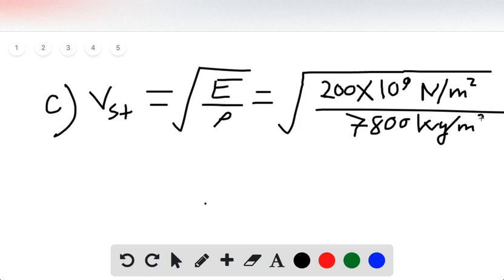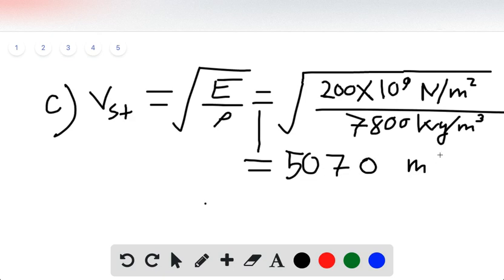Notice that steel is much denser than water and even granite, which makes sense. It's a good thing to check for these things, right? Common sense check. And you put that in the calculator and you get something very close to 5,070 meters per second.